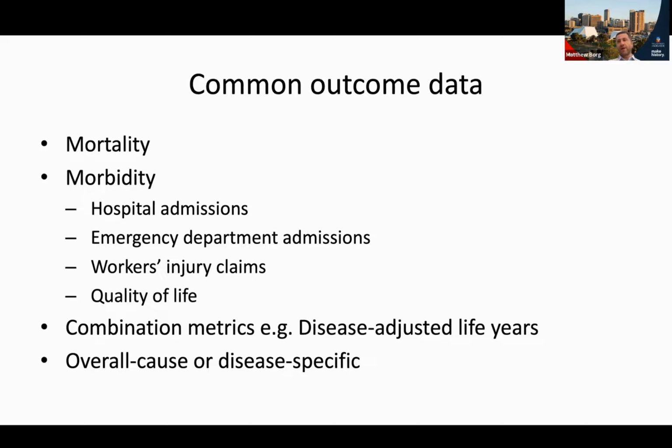You can go to the AIHW, Australian Institute of Health and Welfare, for hospital data as well as mortality data. You can also go to individual state-level health departments for hospital-level records. And then workers' injury claims would be from Safe Work Australia.